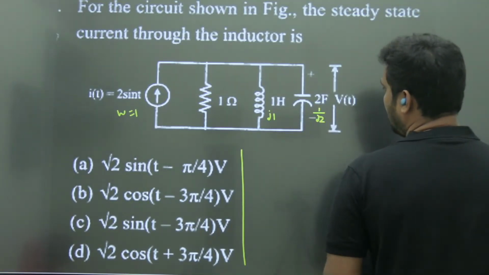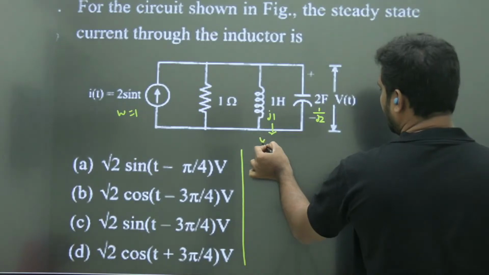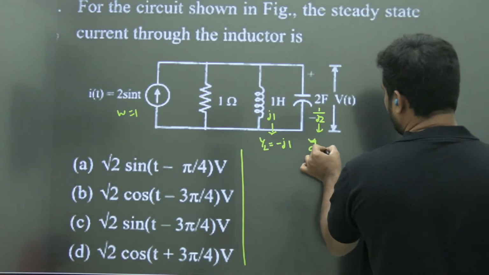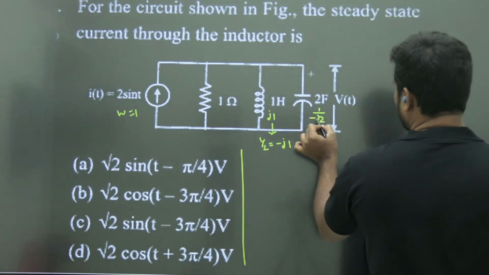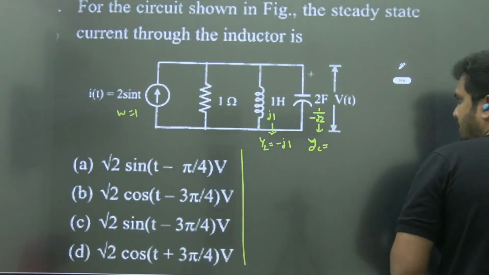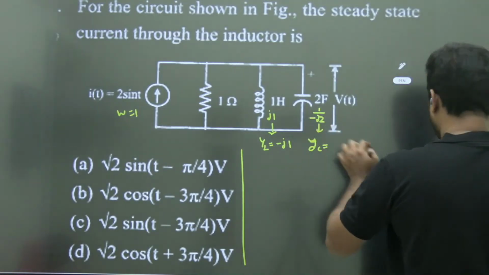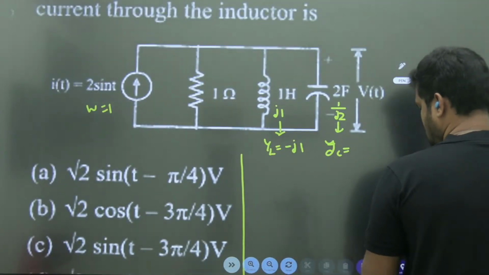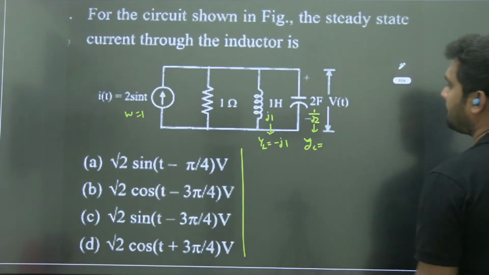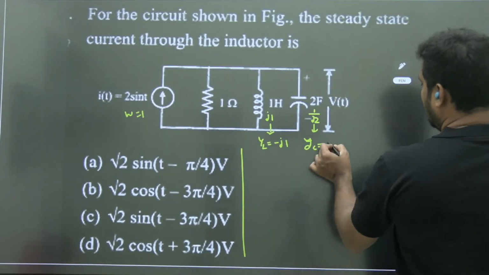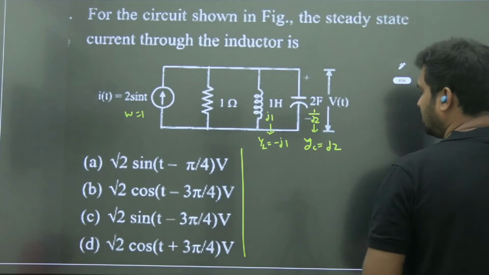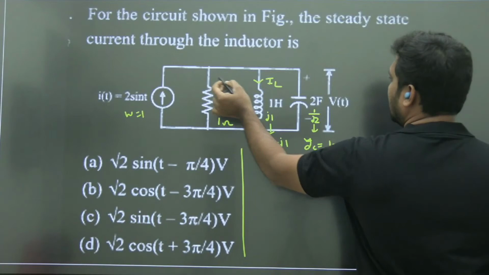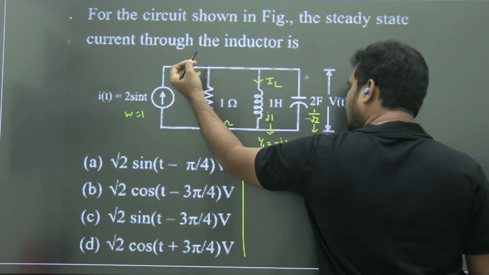So the admittance of the inductance is 1 by j1, that is minus j1. What is the admittance YC? 1 by minus jXC, 1 by minus j2, so 1 by j omega C, that is plus j2. Now the source is 2 angle 0 degrees; sine is my reference.